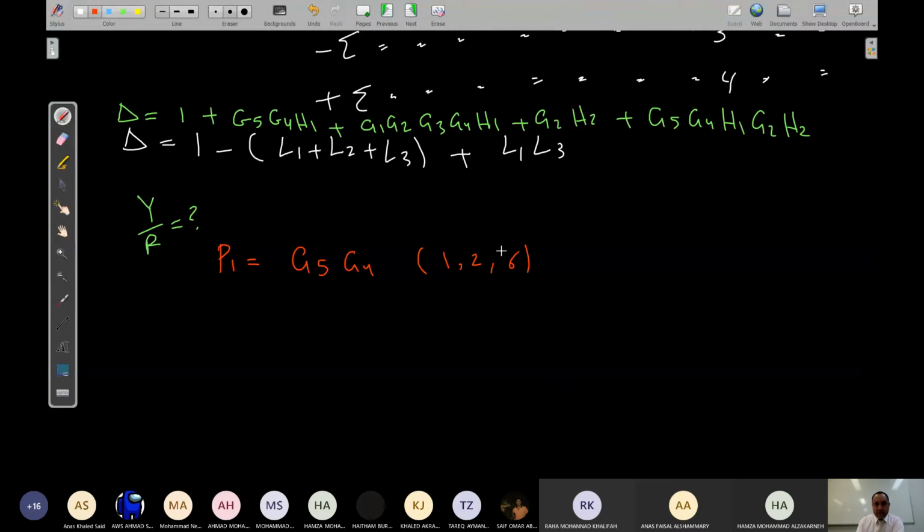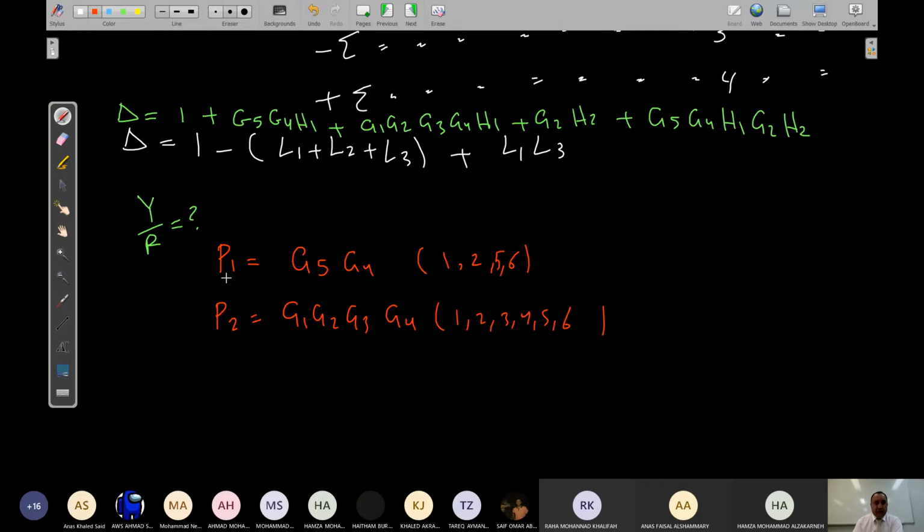And we have another one, which is the P2, the main one, starting from G1, G2, G3, G4, and it links all the nodes, 1, 2, 3, 4, 5, and 6.